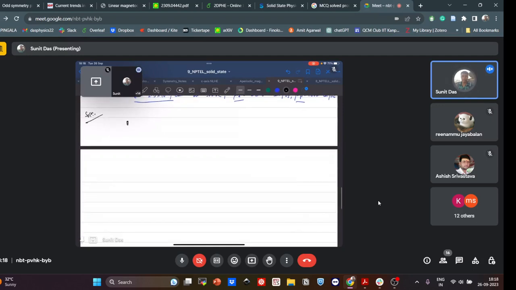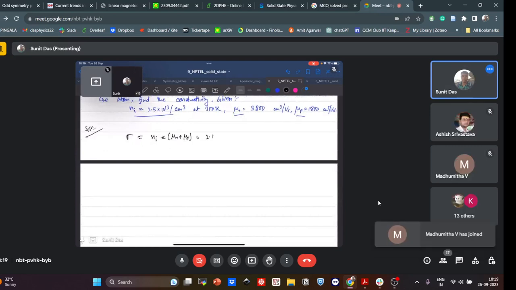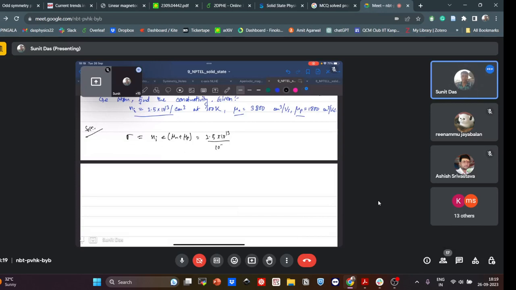So if we try to find the intrinsic sigma, the conductivity of the intrinsic germanium, then it will be n i times e times the mobilities, with 10 to the power 13 per cm cube.